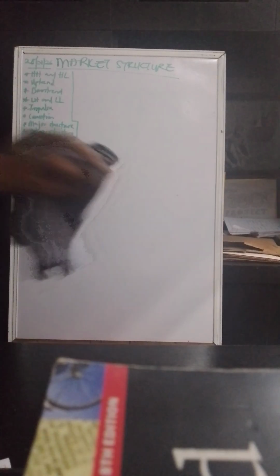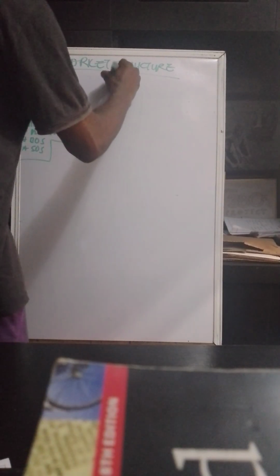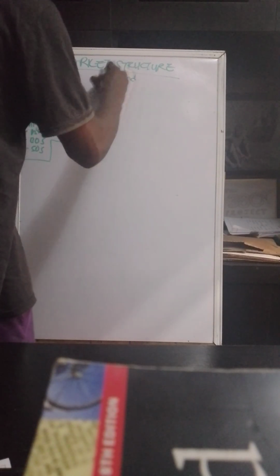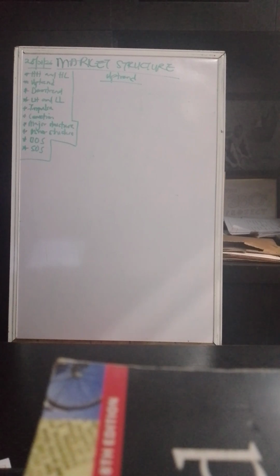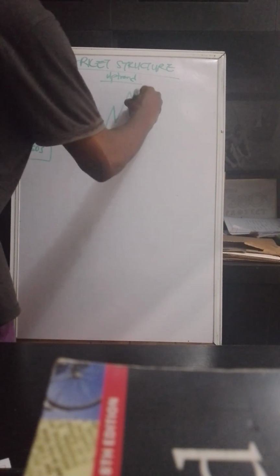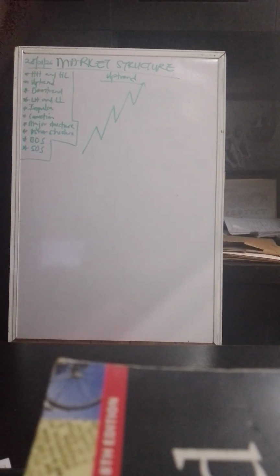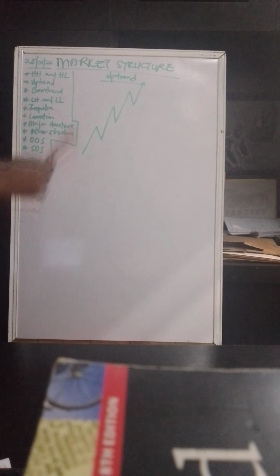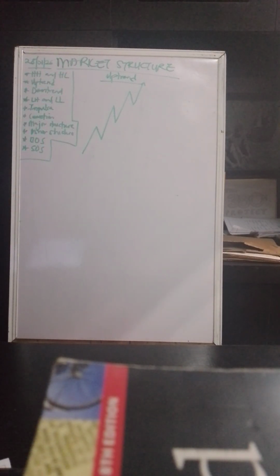Now, let me explain to you what are higher highs and higher lows. So, now let's deal with an uptrend and everything that has to do with an uptrend. Let me draw a simple chart. In an uptrend, we have what are called higher highs and higher lows. Those are the swing points I was talking about in the class on demand and supply.